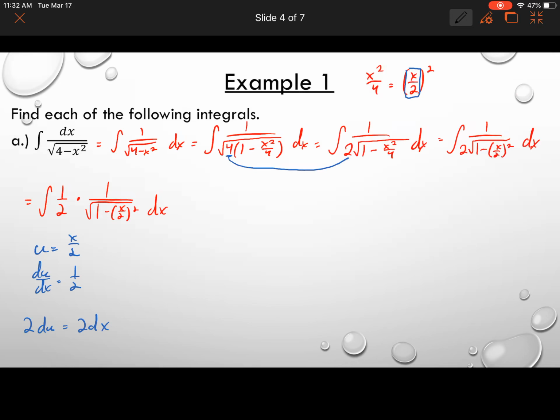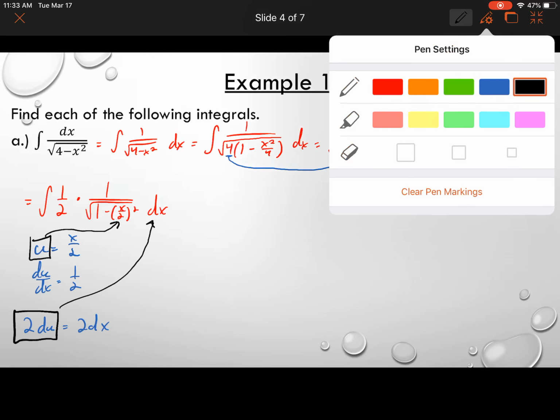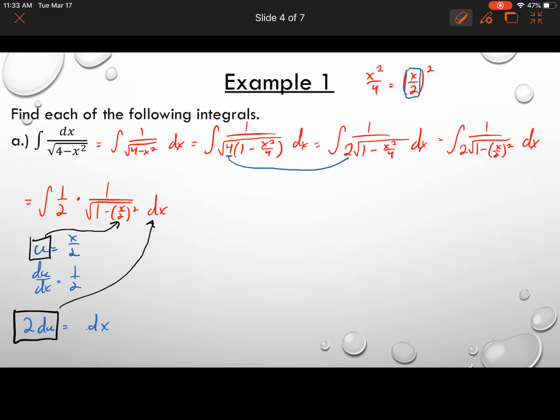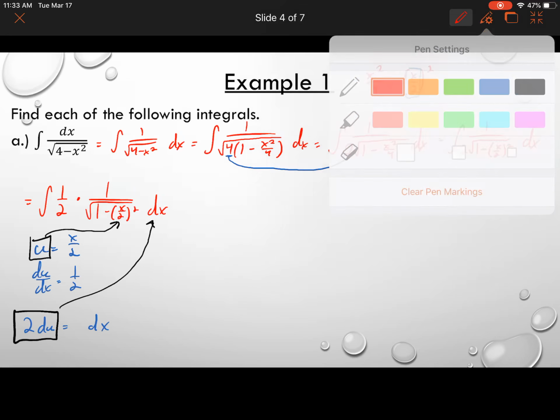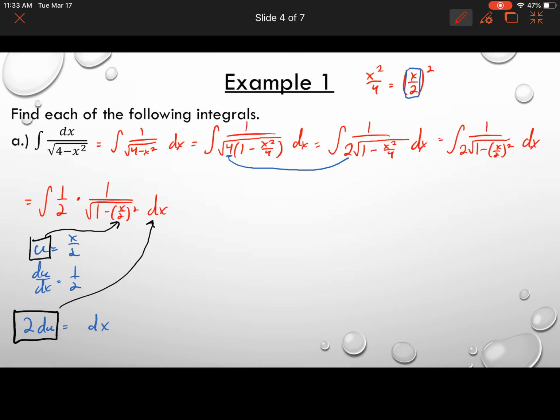So we're going to put u in for x over 2, and we're going to put 2 du in for dx. Sorry, I put an extra 2 over here. It should just be dx. All right? So let's see what we end up with. We have the integral of 1/2 times 1 over the square root of 1 minus u squared times 2 du.